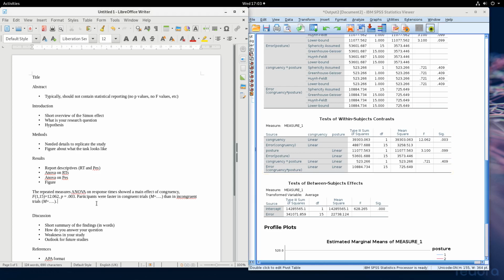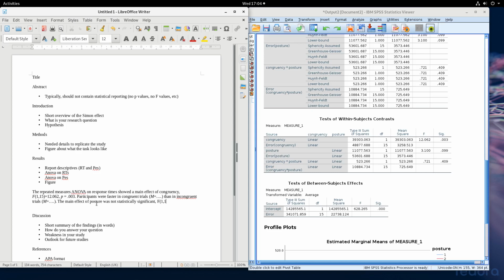So you would just say that: the main effect of posture was not statistically significant.